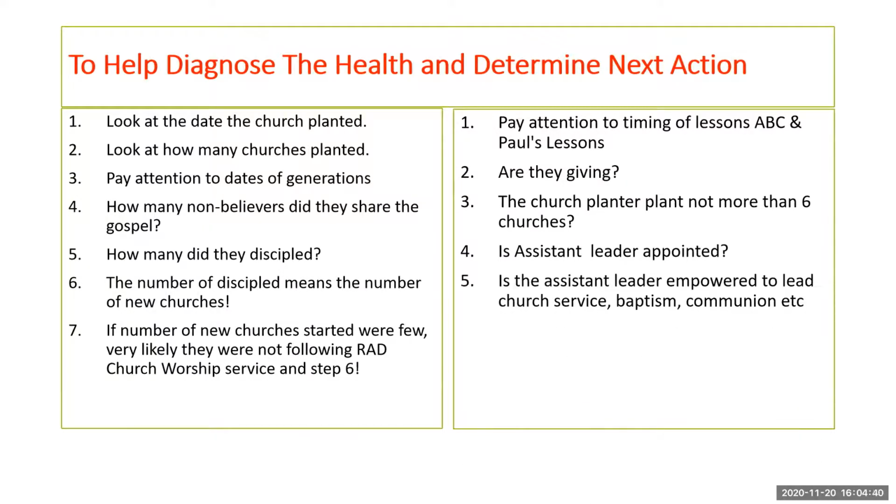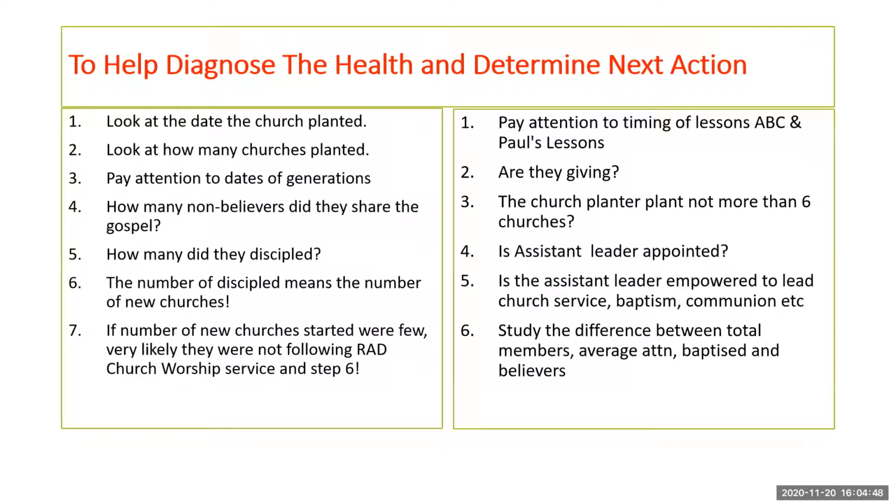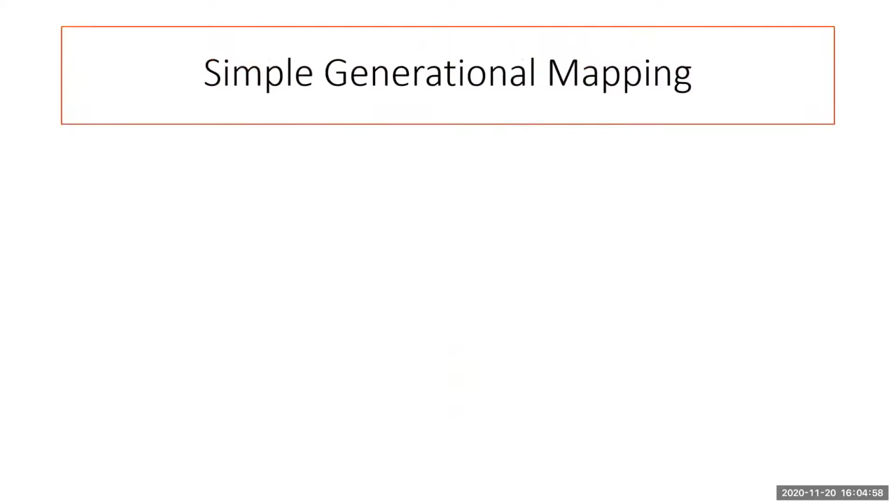Is the assistant leader or Timothy appointed? Is the assistant leader or Timothy empowered to lead church service, baptism, communion, etc.? And study the difference between the total members, average attendance, baptized, and believers. You'll look at it later on in the real mapping.